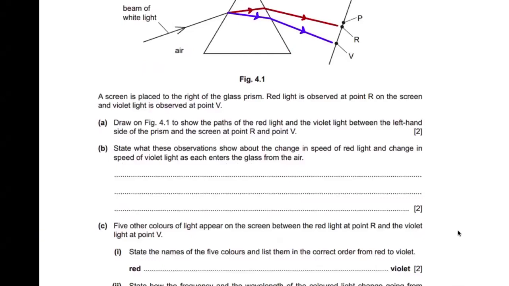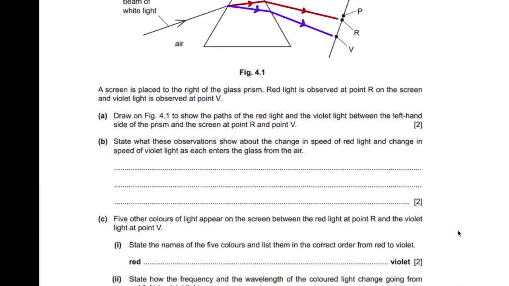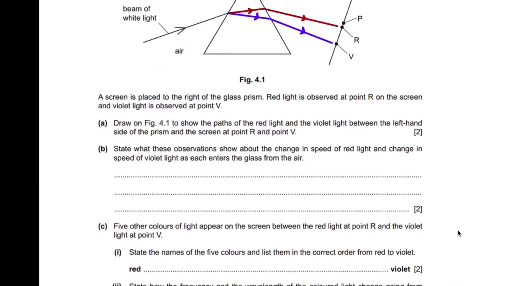State what these observations show about the change in speed of red light and change in speed of violet light as each enters the glass. Alright. So the change in speeds of red and change in speed of violet. So we know that refraction is because of changes in speed.